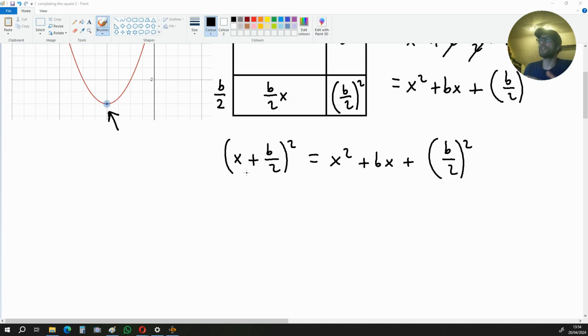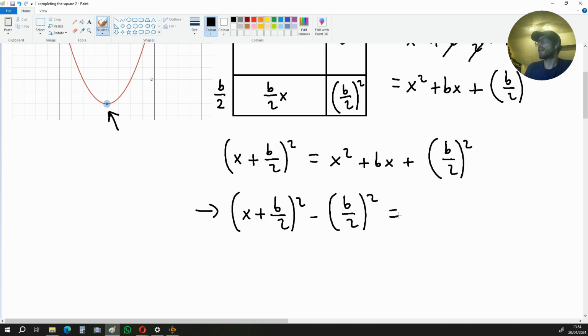So we've shown that x plus b over 2 squared is equal to x squared plus bx plus b over 2 squared. This implies that x plus b over 2 squared minus b over 2 squared is x squared plus bx.